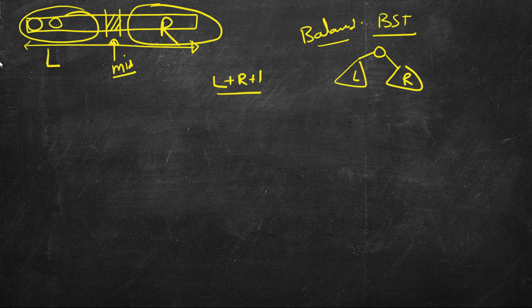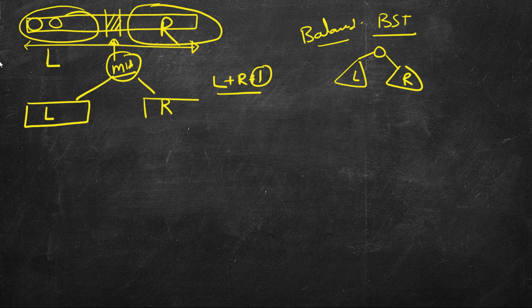Now mid we have extracted as the root, and then in the left part we have this list of length L. In the right subtree we have this list of length R. So the same function, whatever function we had written to do this conversion, can be applied on this part and the right part. Now we have a smaller problem.